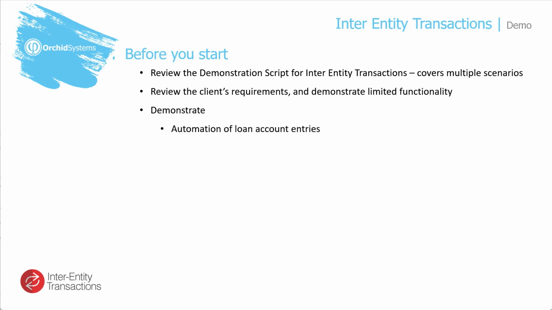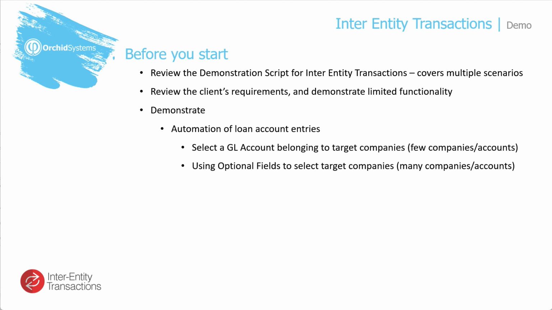You can demonstrate the automation of loan account entries using GL accounts to choose the target company, or using optional fields to select the target company. You can use GL triggers to reallocate the loan accounts to AP and AR, and inter-entity trade to mirror the transaction in the target database to use the subledgers instead of loan accounts for the account balances.